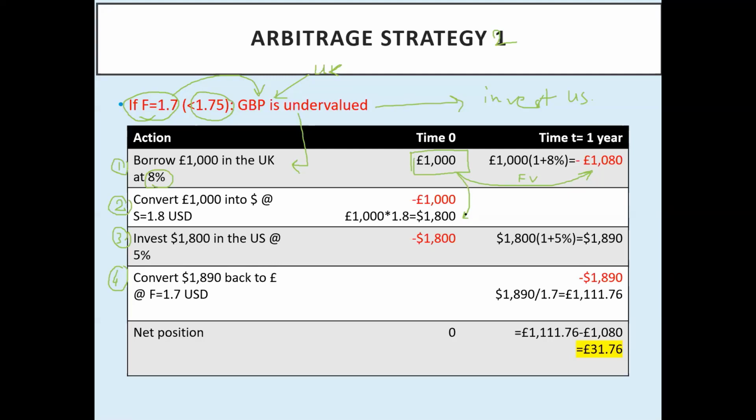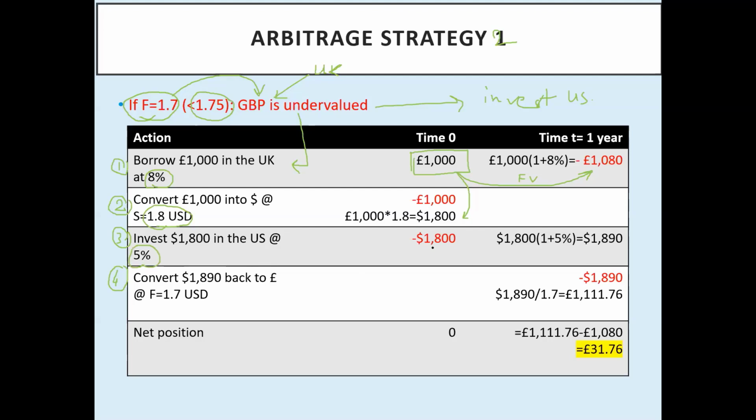So if I converted £1,000 into the USD at the current spot exchange rate of 1.8, I'm going to get 1,800 USD. So step 3, I'm going to take that 1,800 and invest in the US to earn an investment rate of 5%.